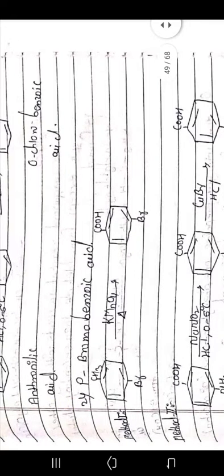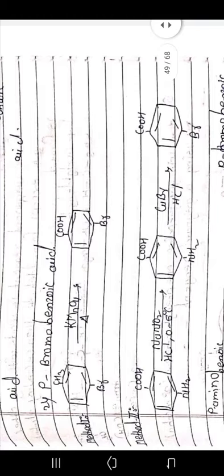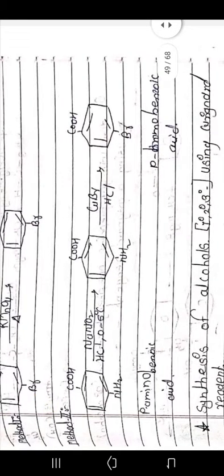Next is para-bromobenzoic acid. In the same way, we can replace the bromine atom easily. The CH3 group reacts with KMnO4, a good oxidizing agent that oxidizes the CH3 group into a COOH group. Next is para-aminobenzoic acid.